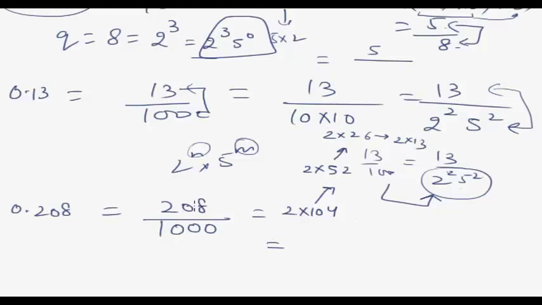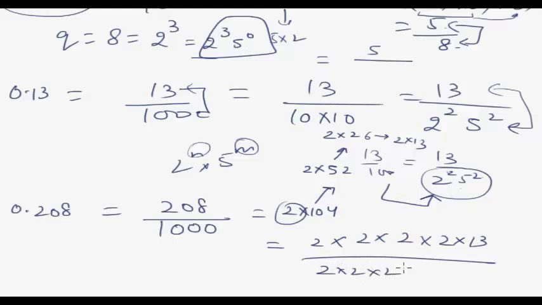So we have 208 as 2 into 2 into 2 into 2 into 13 over 1000, which is 2 into 2 into 2 into 5 into 5 into 5. This will amount for 10, this will again amount for 10, and this will again amount for 10. So 10 into 10 into 10 is 1000.